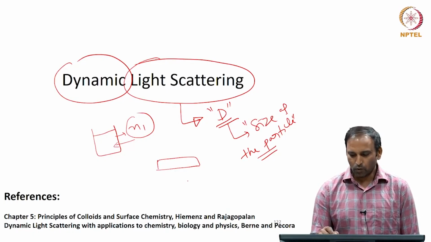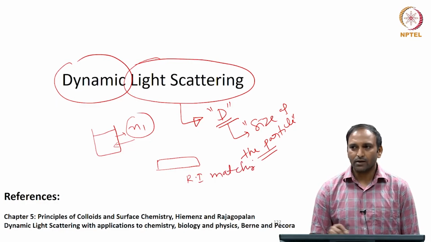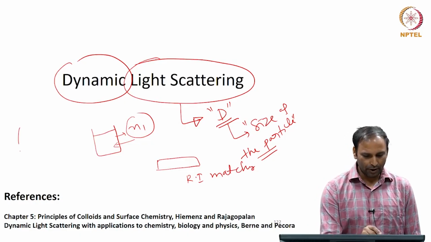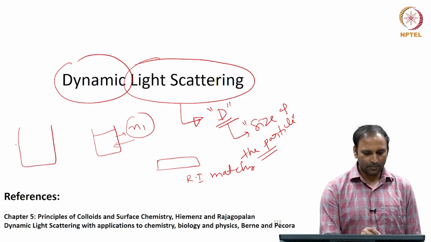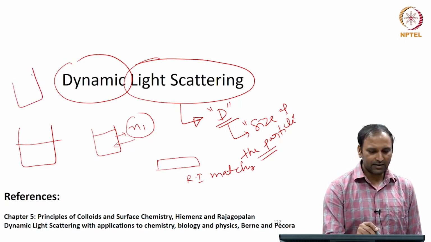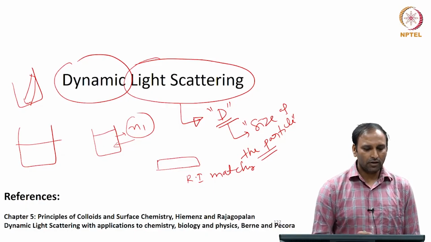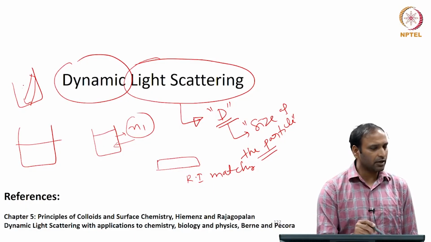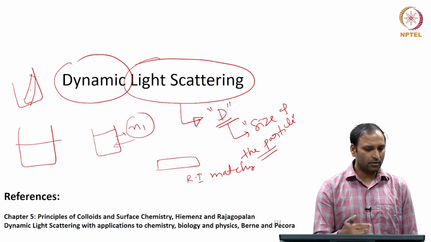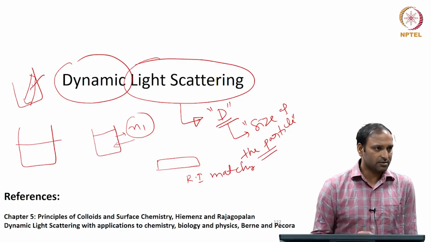People do what is called refractive index matching. There are some classic videos on YouTube, you can look it up. I have a container, say a beaker, and there is a glass rod. When there is nothing in the container, because there is enough refractive index difference between the glass and the ambient air, you can see the glass rod.